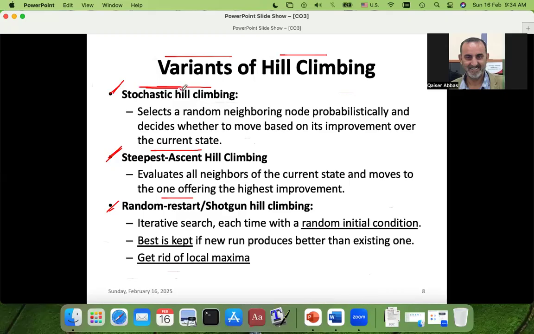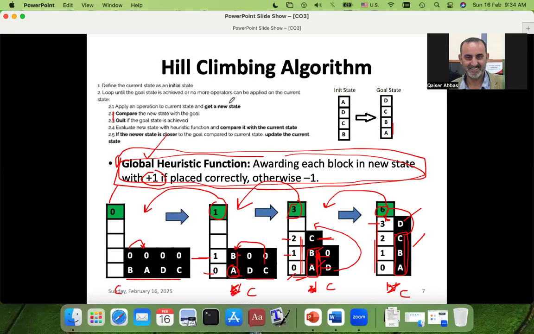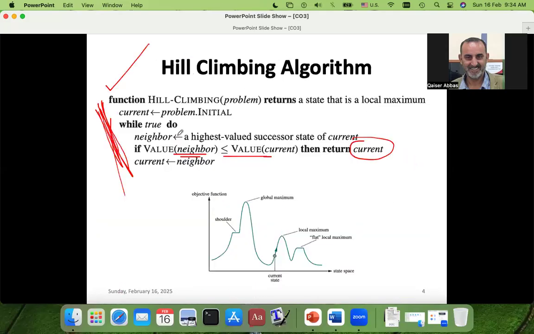In this basic version of hill climbing, you are selecting the immediate neighbor, not the next or next. For example, if this is the current point, then you can have some neighbors here.